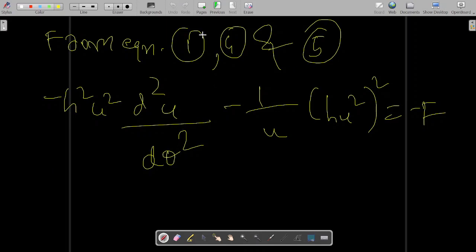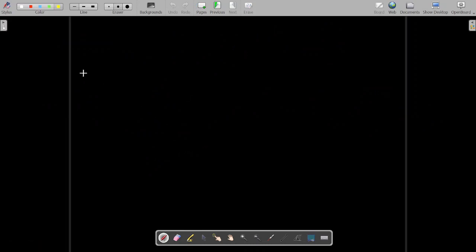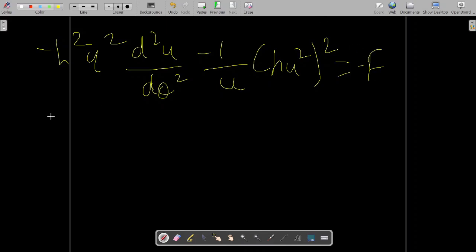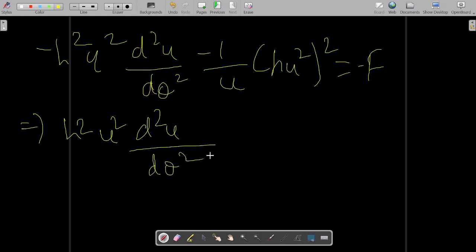And finally what do you get? Finally you get, let me write once again, h square u square d2u by d theta 2 plus minus 1 by u, h u square whole square is equal to your minus f, and that implies h square u square d2u by d theta 2 plus h square u cube.